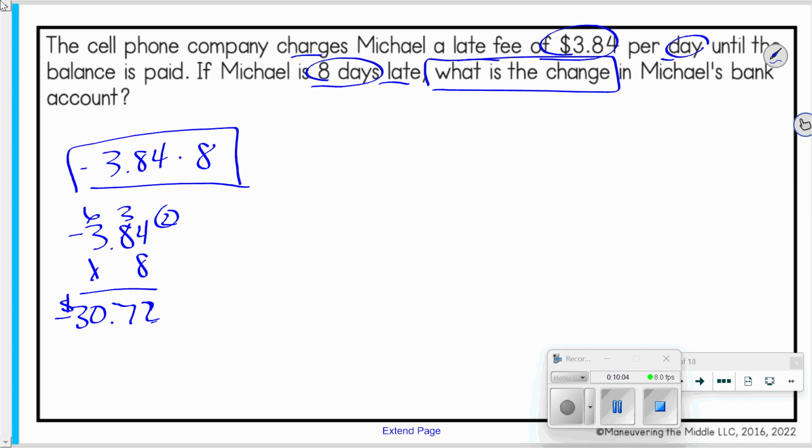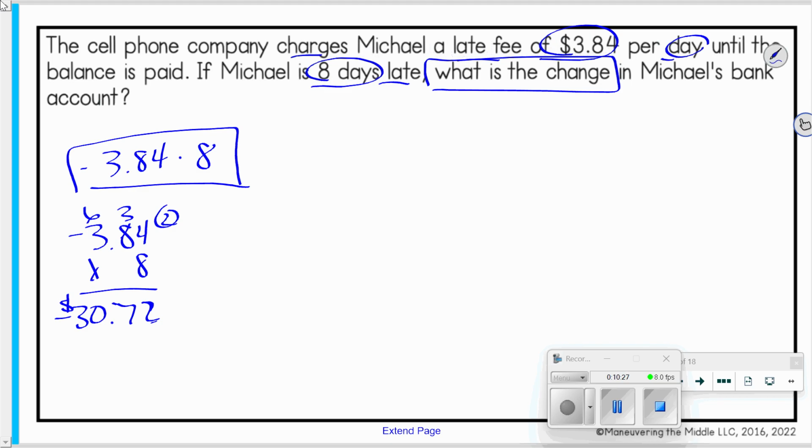But the answer will be positive because it's asking for the change. So the change does not need to be the actual value of it, which will be positive. Is it? I think so. So for your answer, you would say the change is $30.72?